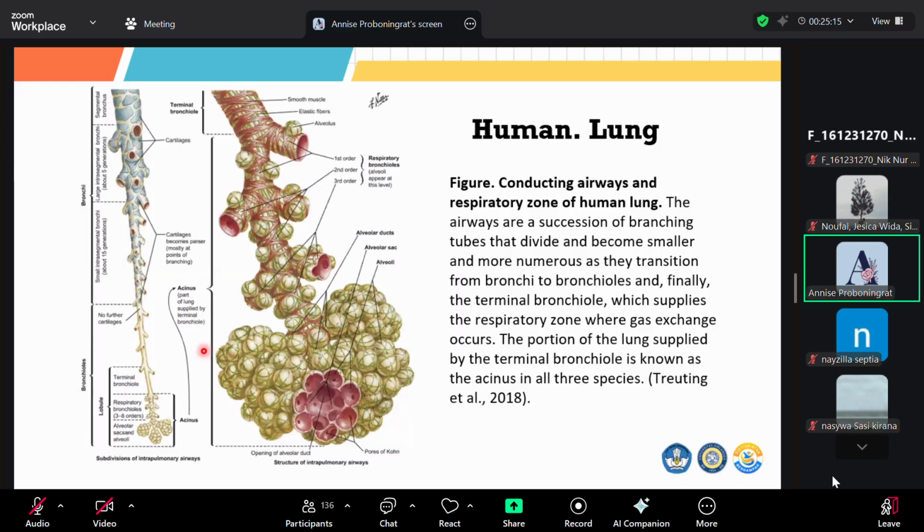This is the larger image of the acinus, started from the terminal bronchiole, and then the respiratory bronchioles. Respiratory bronchioles have three orders: the first, second, and the third order.